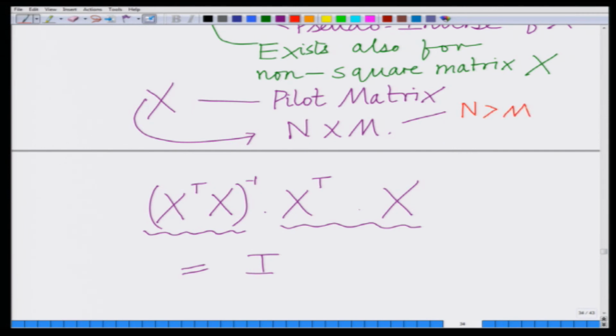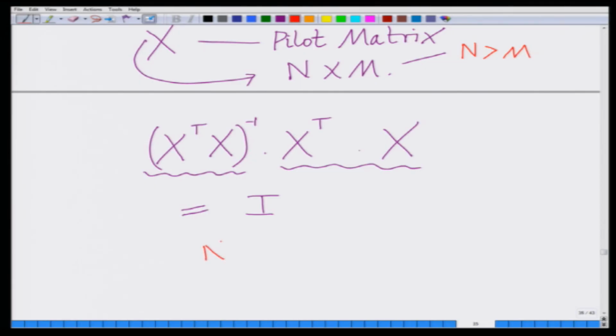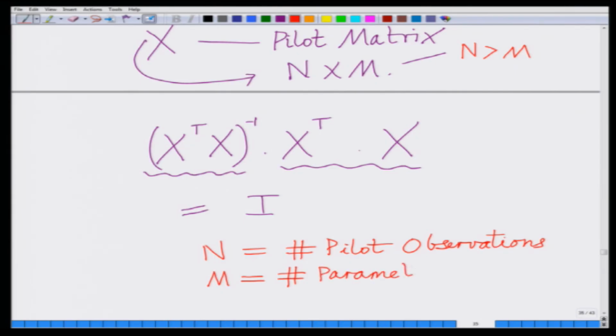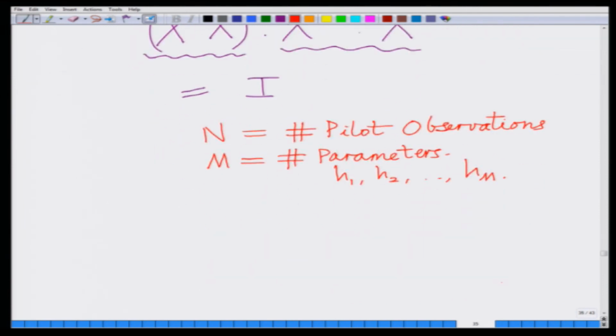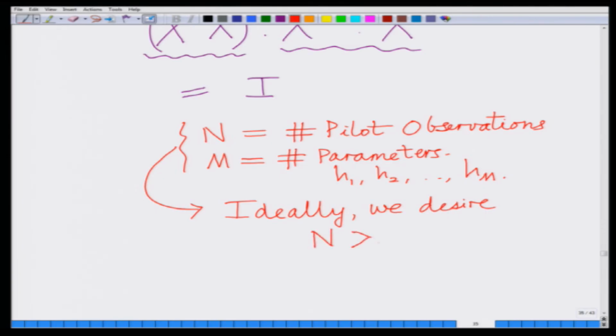Remember, n is the number of pilot observations and m is the number of parameters in the parameter vector, that is h1, h2 up to hm, and ideally we desire n to be greater than or equal to m.